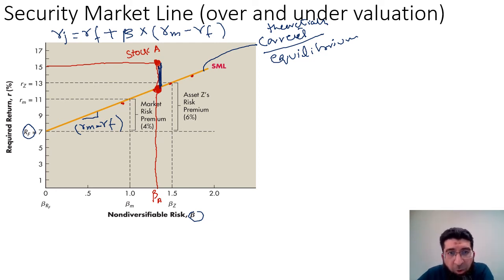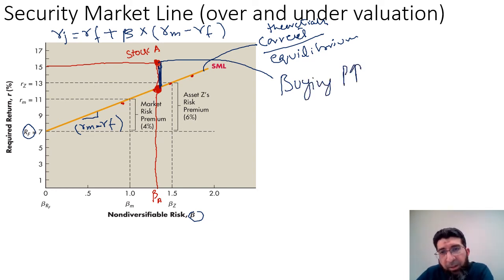So what they will do, all will start buying it. If all start buying this stock, what will happen? The price will start increasing. And what will happen then? The next is, we use the formula from the first part of the last session: the return of stock A equals cash flow plus P1 minus P0 over P0.